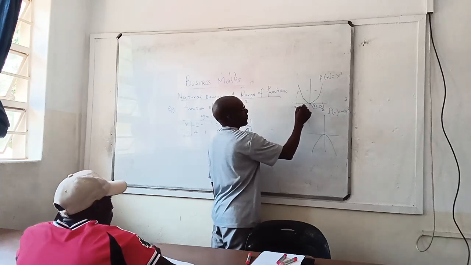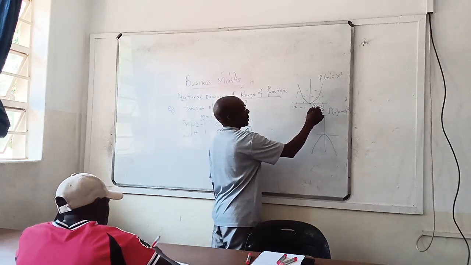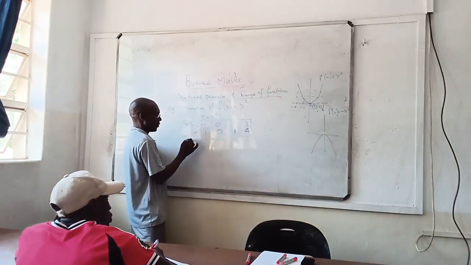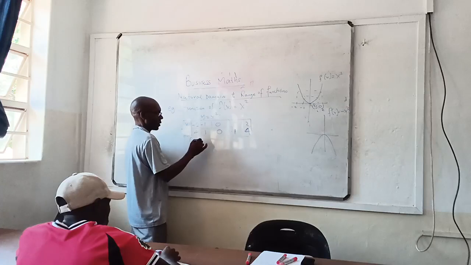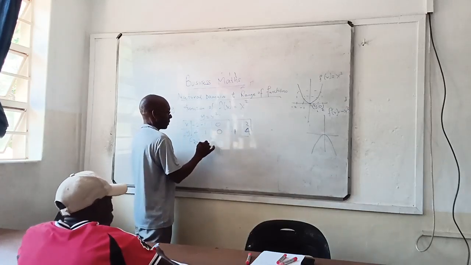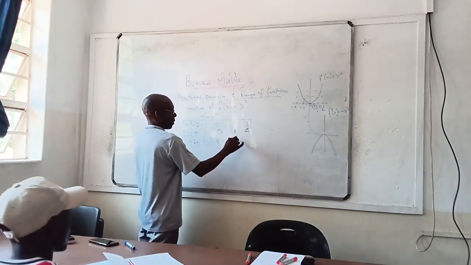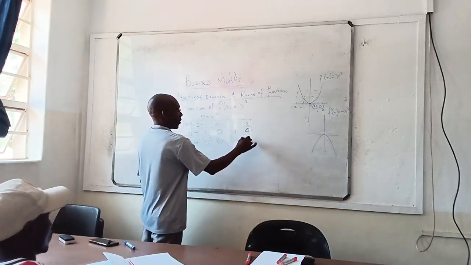Where there is a negative 1, corresponding will be 1. That's what is happening here. Negative 2, 4. Negative 1, 1. 0, 0. 1, 1. 2, 4.